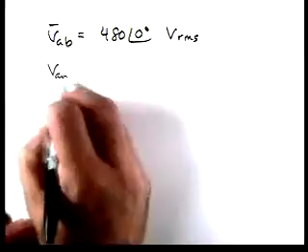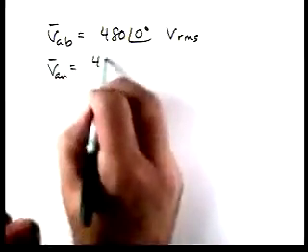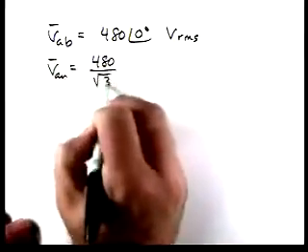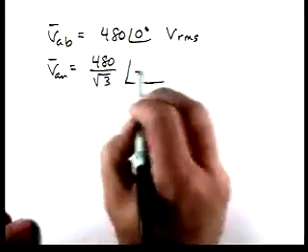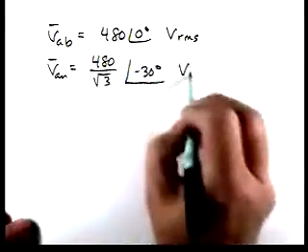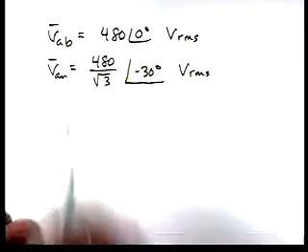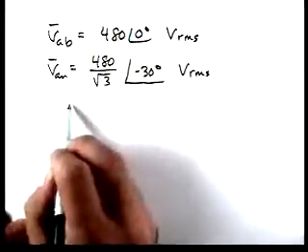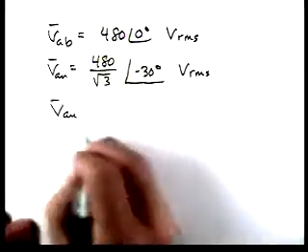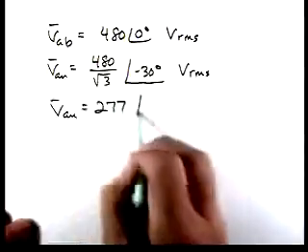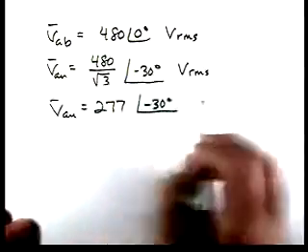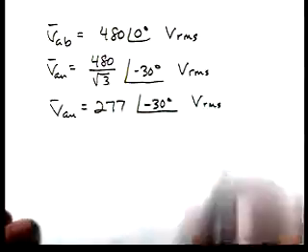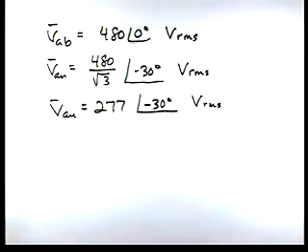Then VAN is 480 divided by the square root of 3 at an angle of minus 30 degrees. The phase voltage lags the line voltage by 30 degrees for ABC. So VAN is 277 at an angle of minus 30. So we've got an equivalent Y connected source.